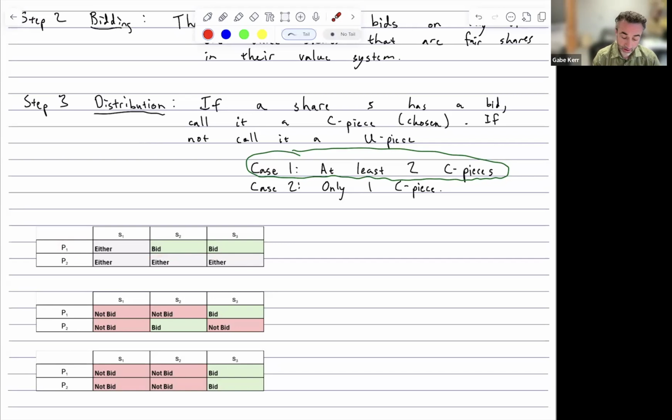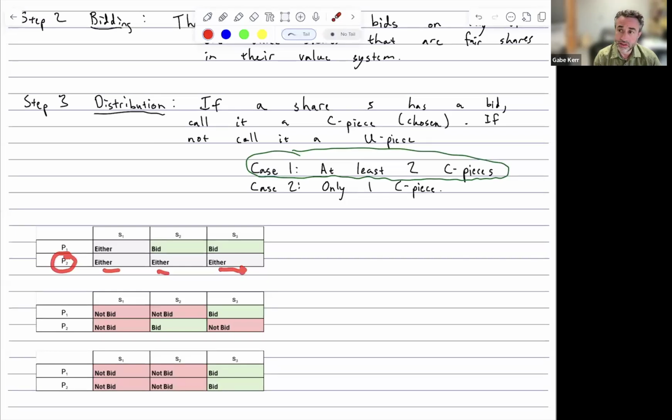And how does that work? Well, in this case, it's not too bad. All we do is we say, well, P2, the second chooser, must have chosen at least one of these shares as a fair share, because they all can't be less than a third of the value, because a third plus a third plus a third adds to one.